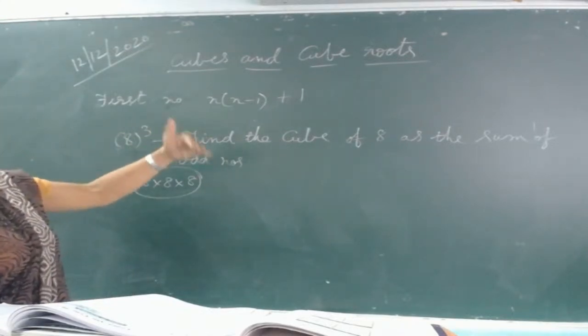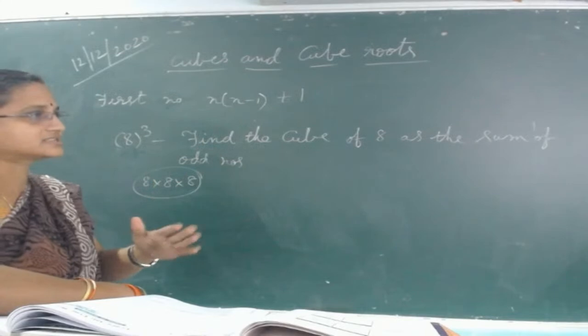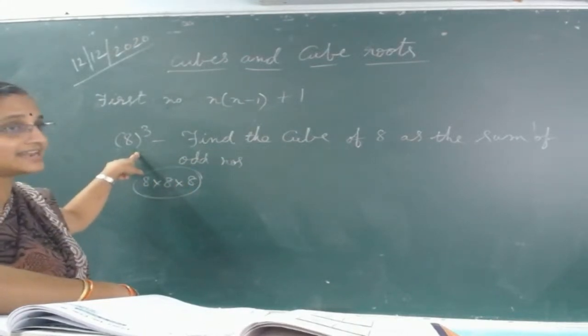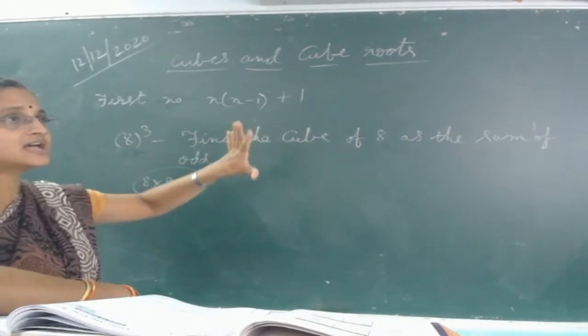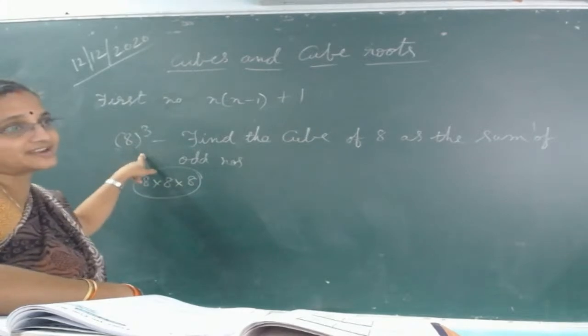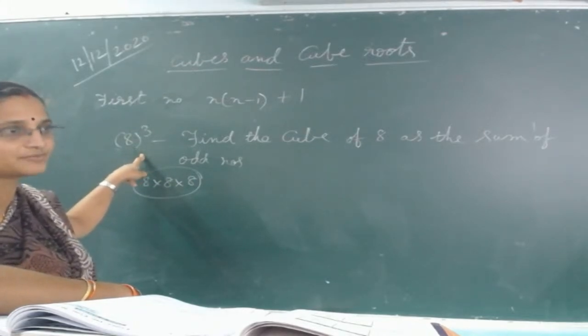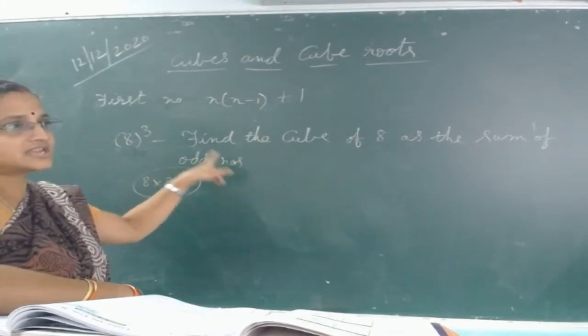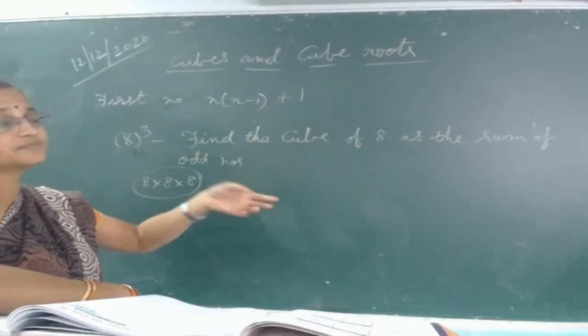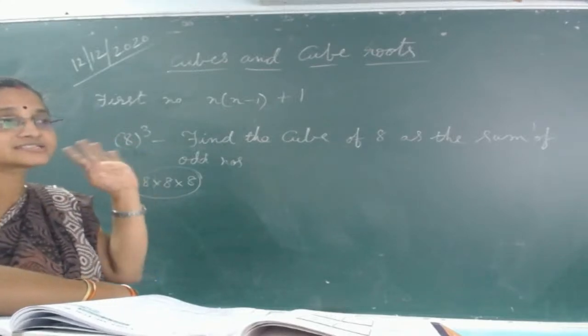If you add 8 odd numbers starting from 1, you can't get the value of 8 cube. If you add 1 plus 3 plus 5 plus 7, taking 8 numbers in that way, you will get the value of 8 square. It's not 8 cube.